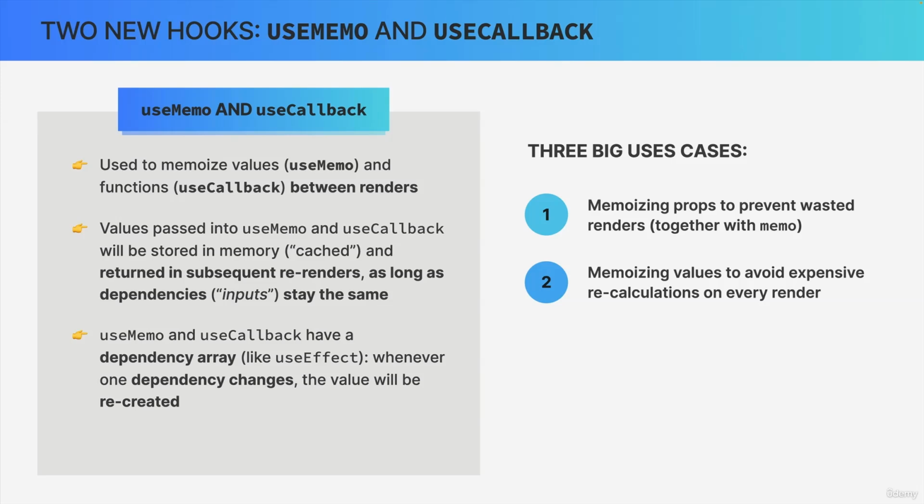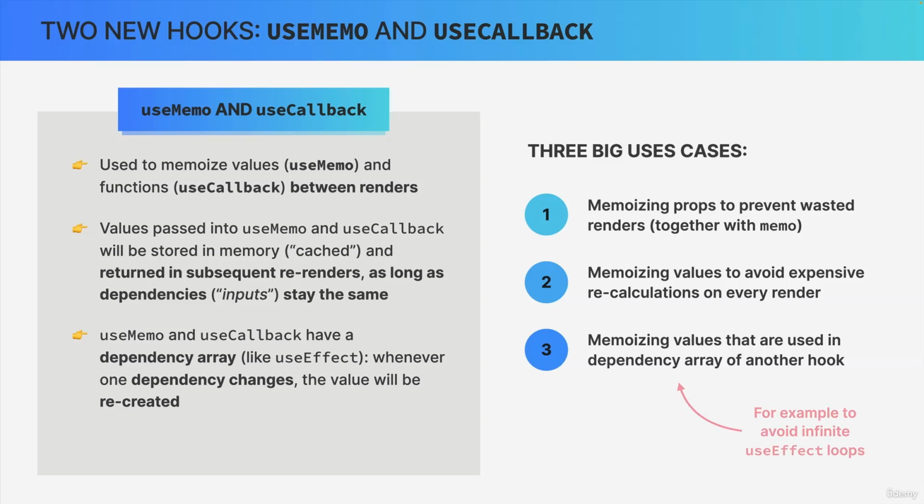And so, to fix this, you can simply preserve the result of that calculation across renders using useMemo. And so then, React doesn't have to calculate the same thing time and time again. Finally, another use case is memoizing values that are used in the dependency array of other hooks, for example, in order to avoid infinite useEffect loops.